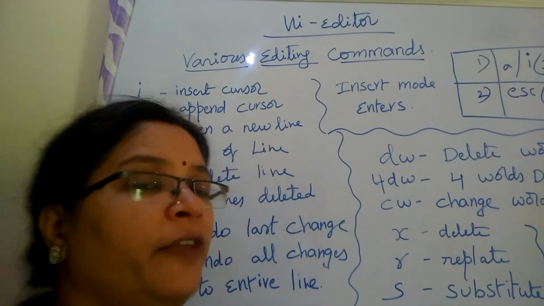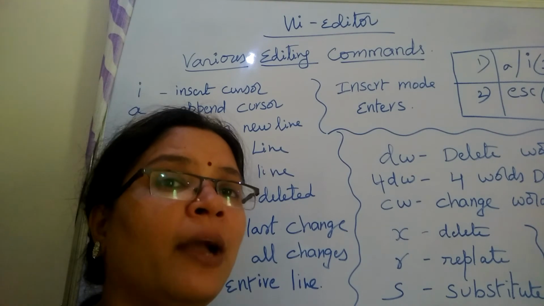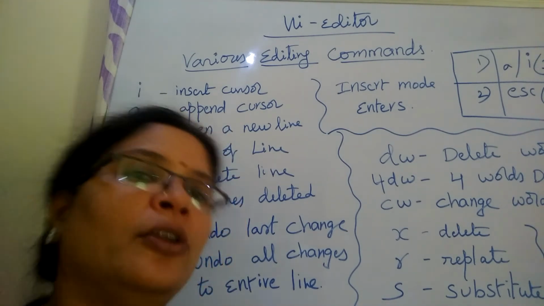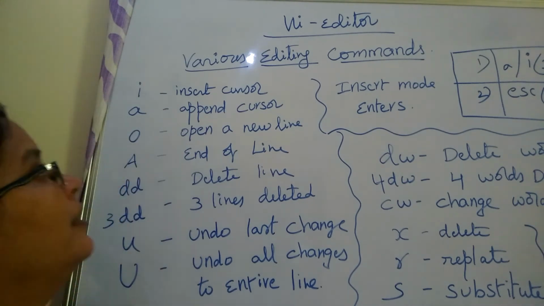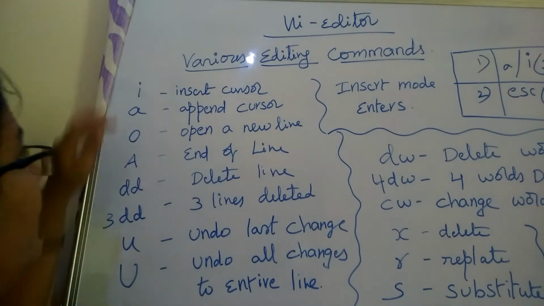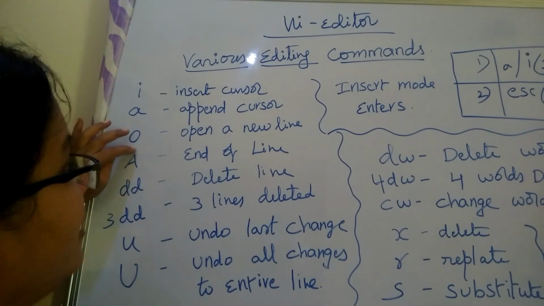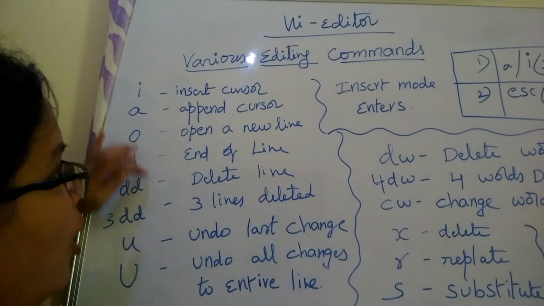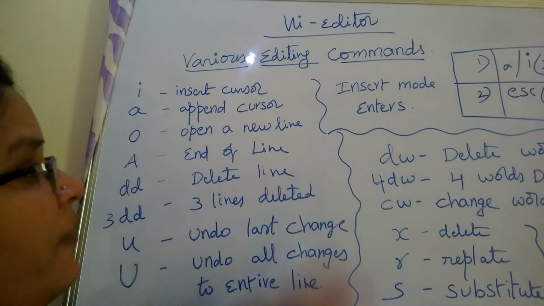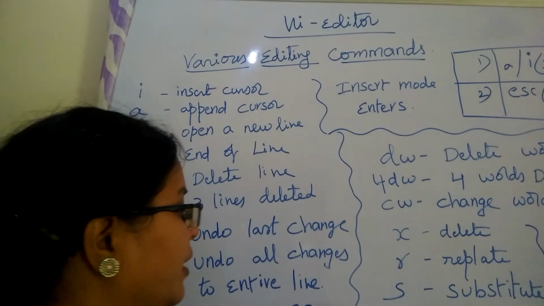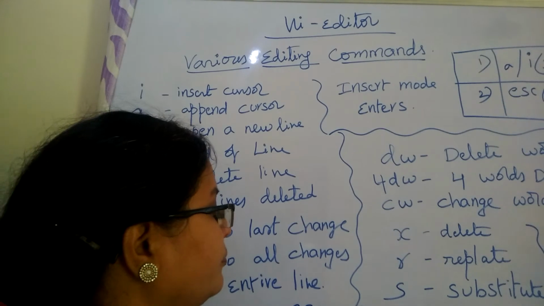So we need to know some set of commands in the escape mode. What are the commands that we are going to see? See here, first three commands are there: i, a, o. These three commands, and all the remaining commands whatever I have given, work in the escape mode. That means command mode.